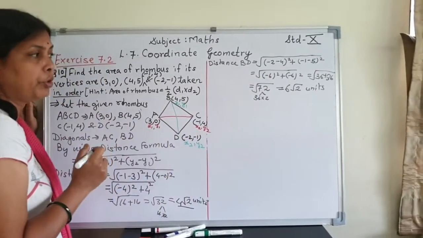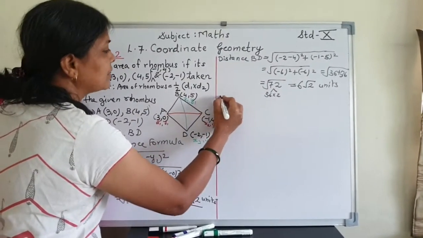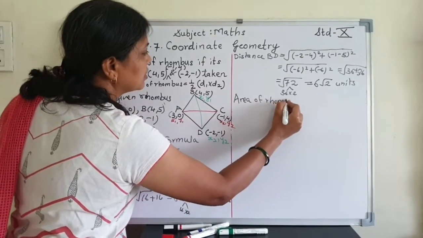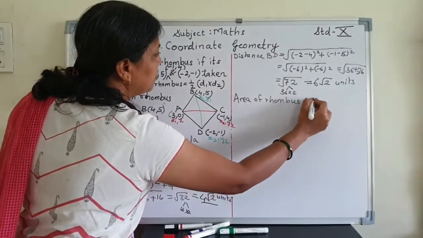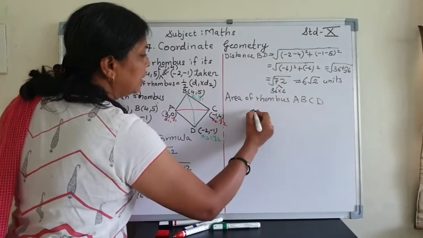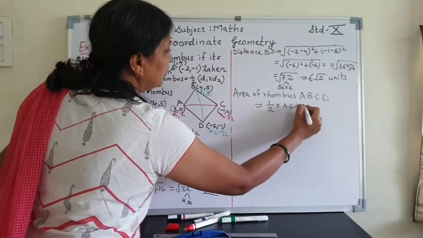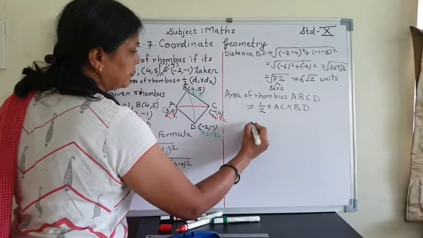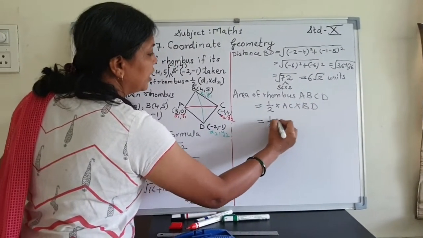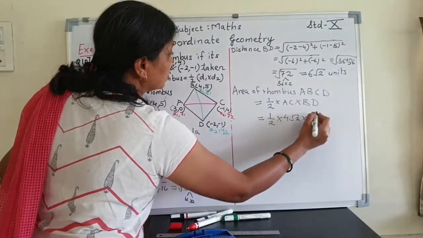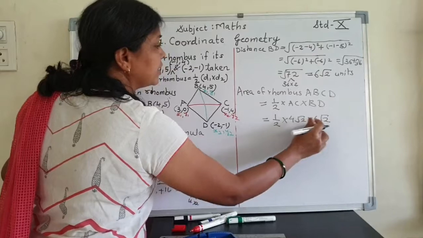6 square root 2 units. Now they have asked us the area of the rhombus. Area of rhombus ABCD is equal to half into AC into BD. That is half into 4 square root 2, into 6 square root 2.